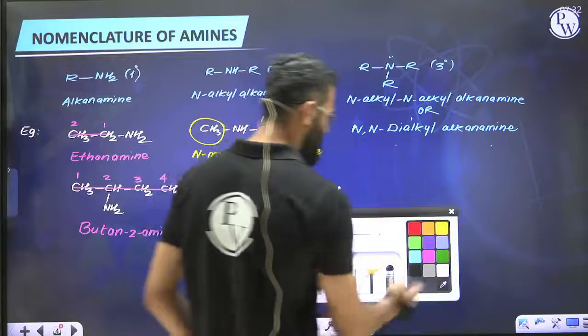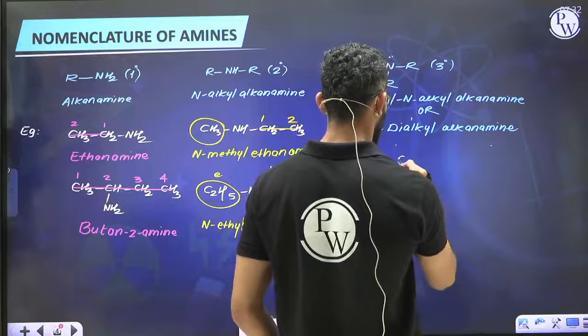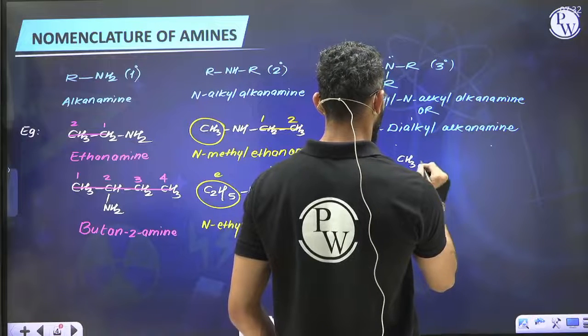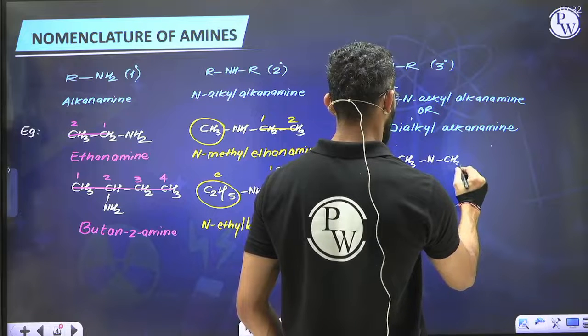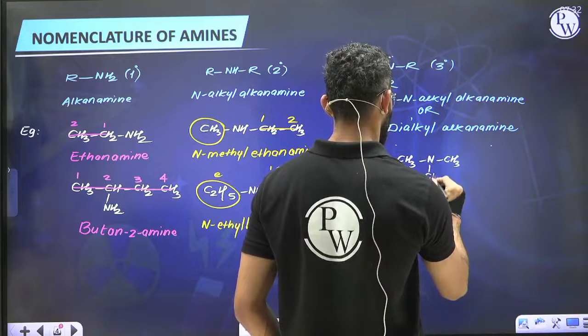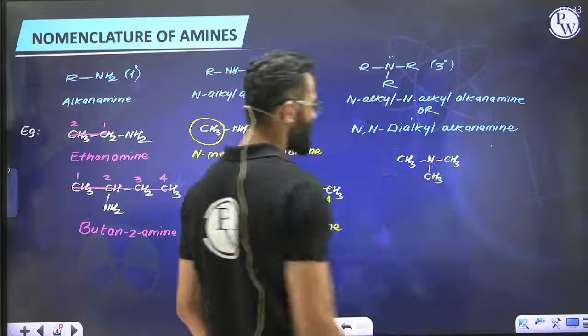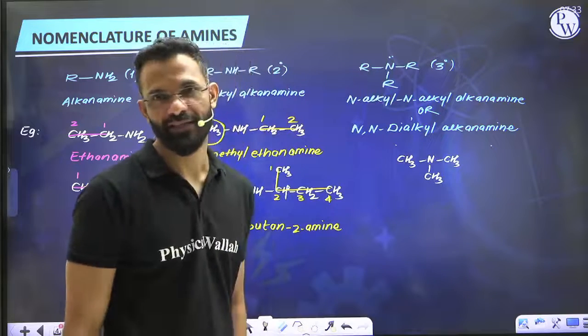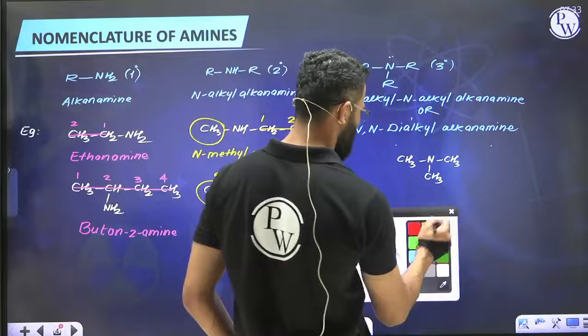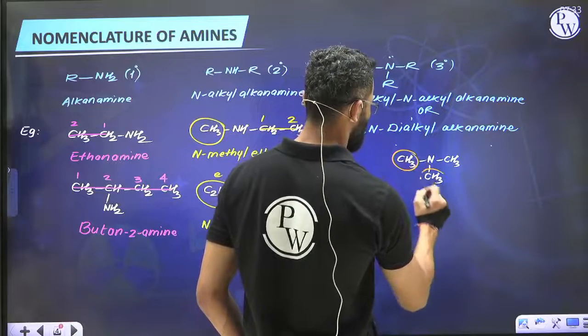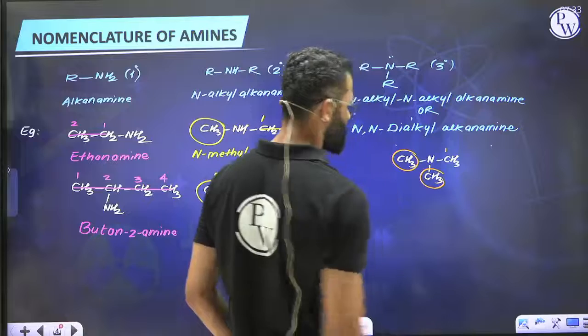Likewise, guys, let's say we have got a molecule where 3 alkyl groups are present at the nitrogen atom. Now all have been identical, so any one of them will be considered as a parent chain and the remaining 2 will be considered as substituents. So let's say these 2 are considered as substituents. This is the parent chain of 1 carbon.